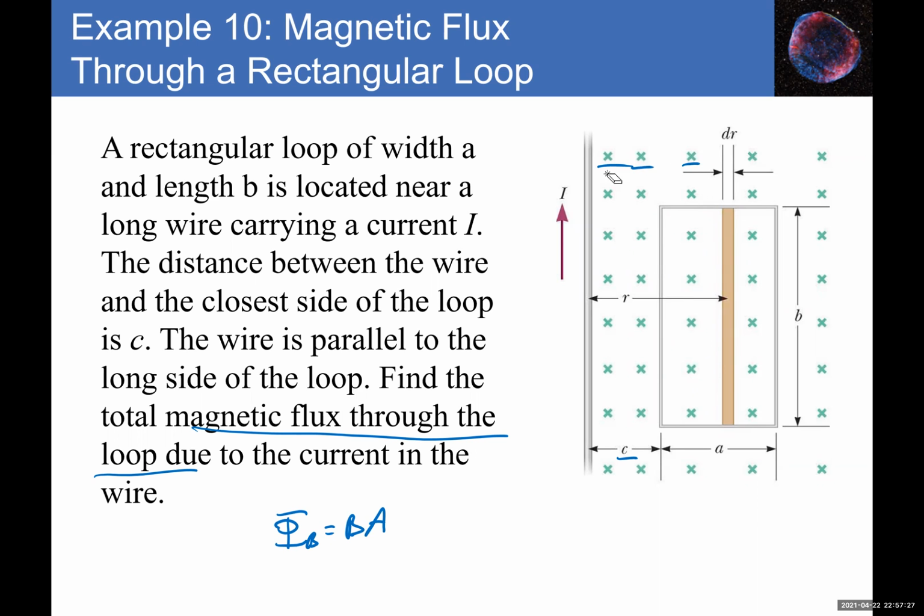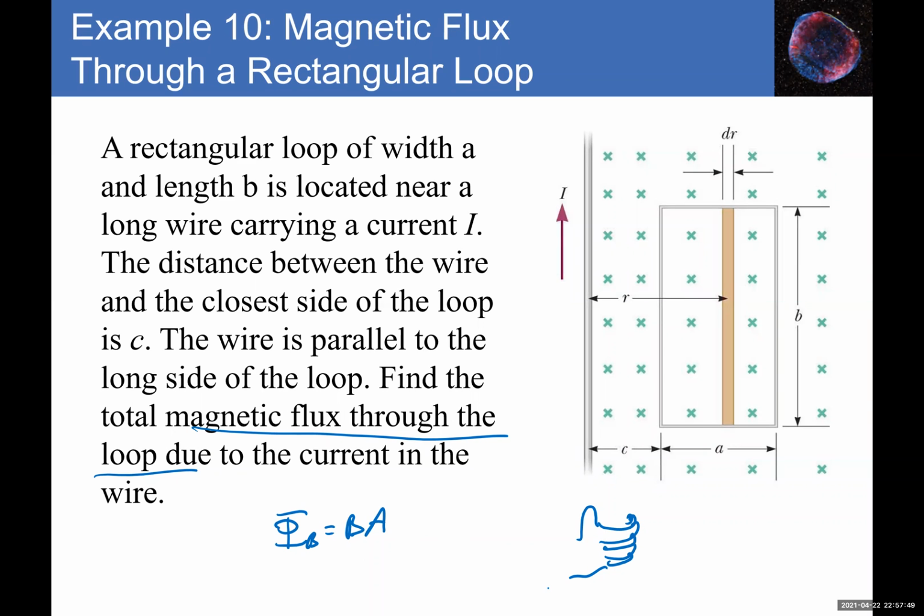All these green vectors are the magnetic field generated by the wire, to the right of the wire. Remember, if you have your thumb in the direction of the current, your fingers will curl like this. That will be the direction of the magnetic field, which is into the page everywhere to the right of the current.